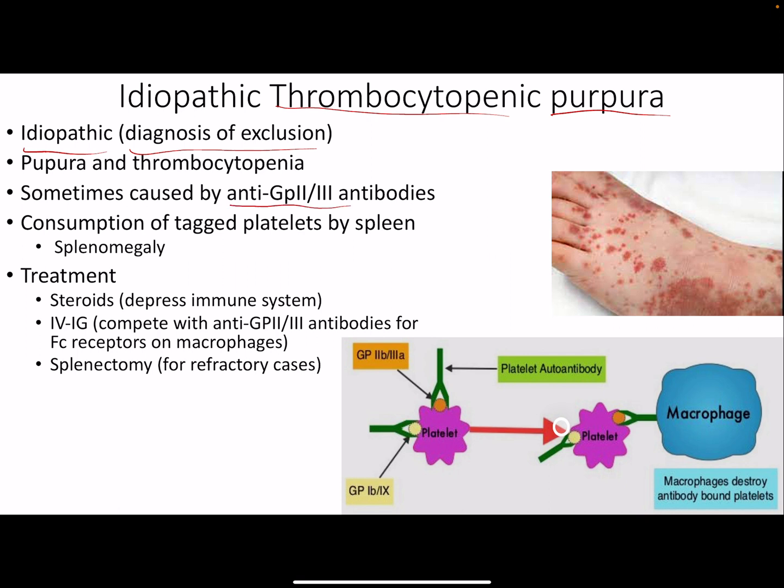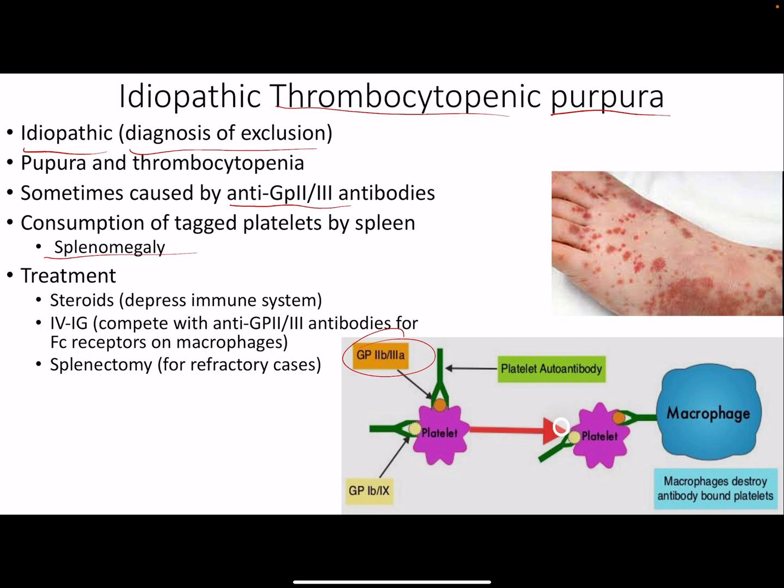Often this is because, so it's idiopathic, but sometimes, let's just say 50% of the time, it might be because we have anti-GP2 or GP3 antibodies. So if we go ahead and tag these with GP2, GP3 antibodies, usually when you have something tagged by an antibody, that just makes it so that the spleen can eat it up much more effectively. And if the spleen is eating a lot of these antibody-tagged platelets, it's going to cause splenomegaly.